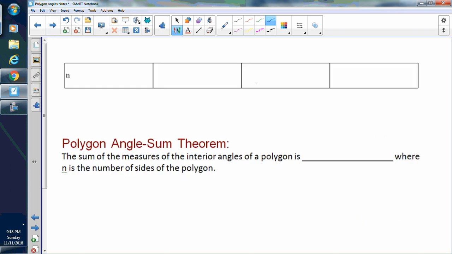The number of triangles is always 2 less than the number of sides. And then for us to find the total, we took the number of triangles and multiplied it by 180. So for any polygon, the sum of the measures of the interior angles of a polygon is n minus 2 times 180, where n is the number of sides of the polygon.